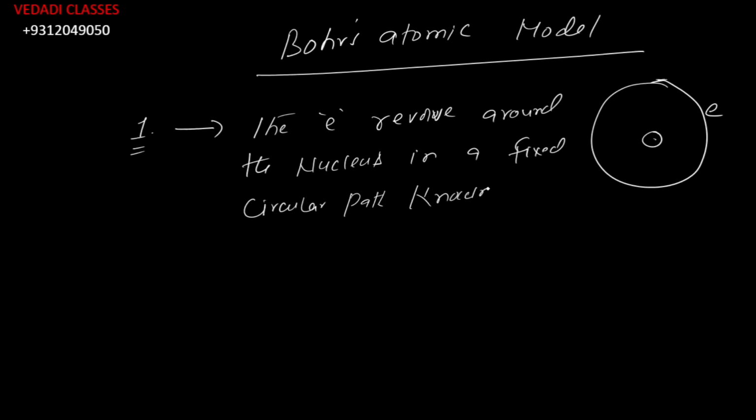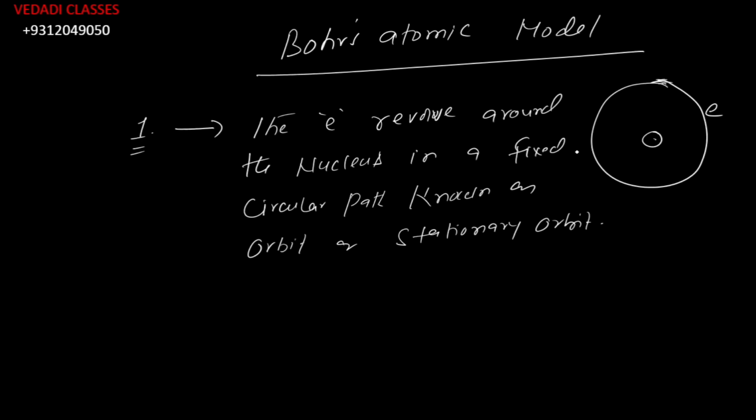known as an orbit or a stationary orbit. Have a look here. As the electron revolves in a fixed circular path, it will neither fall into the nucleus nor go away from the nucleus.